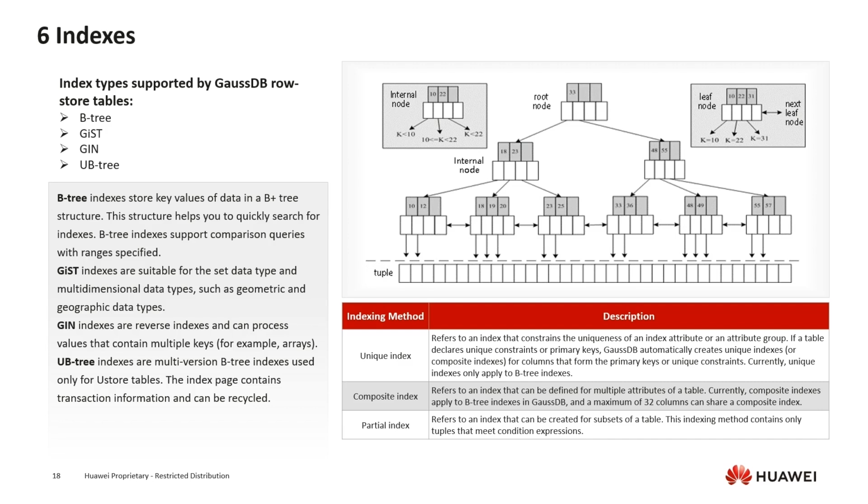Composite index, which refers to an index that can be defined for multiple attributes of a table. Currently, composite indexes apply to B-tree indexes in GaussDB, and a maximum of 32 columns can share a composite index. Partial index can be created for a subset of a table. This indexing method contains only tuples that meet the condition in expressions.